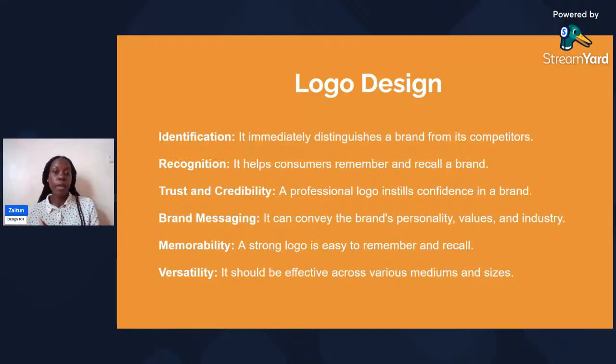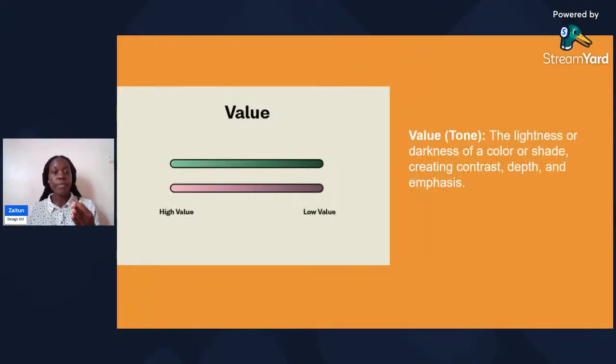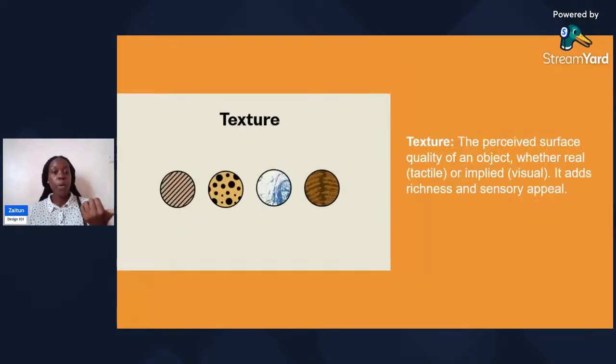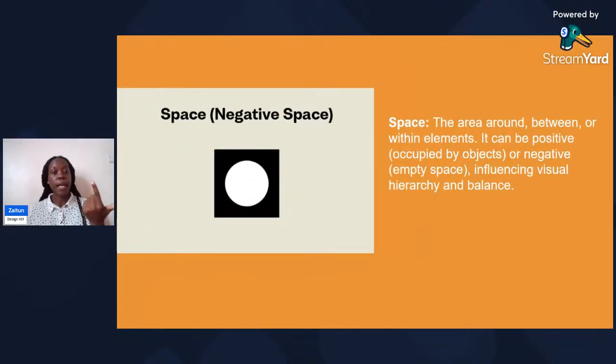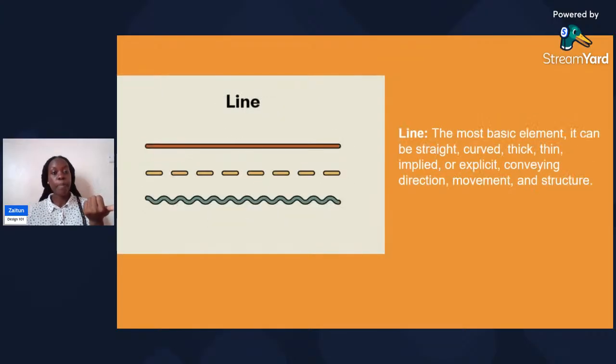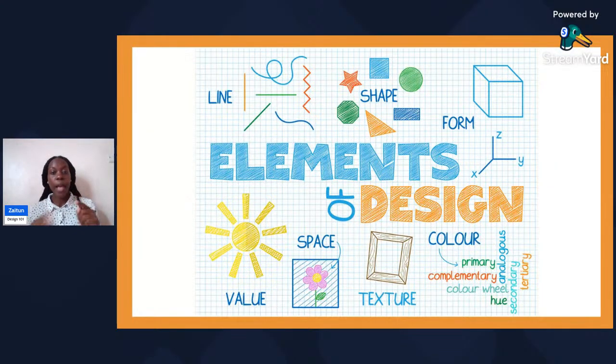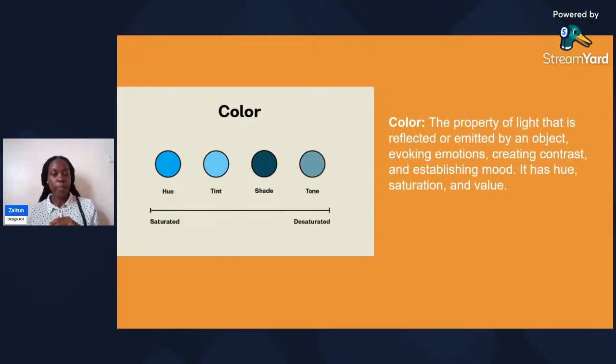When you follow the rules of design and put one building block and the other together, if you use color well, shapes well, negative space well, value well, space, form, shape, line well, you'll have a beautiful logo that represents your company, organization, or brand very well.